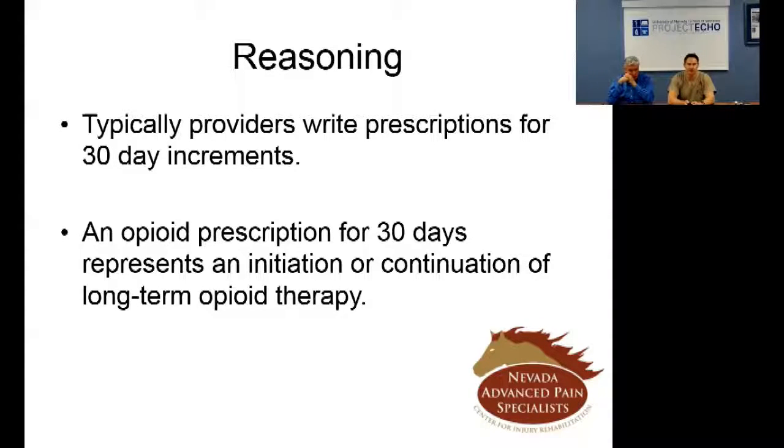So the CDC knows that that's a typical situation that we have. They define an opioid prescription for 30 days as representing an initiation or a continuation of long-term opioid therapy. So even though we may be thinking we're doing a bridge script for this individual, they're pointing out that to them, that represents that we are initiating or continuing a long-term opioid therapy program for this patient.